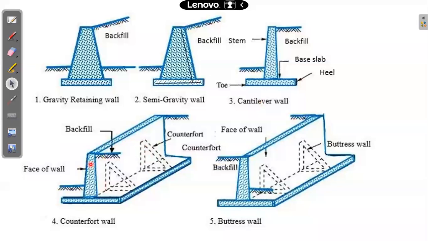In addition to these, there will be walls connecting this stem and the base slab. You can see these discontinuous lines shown here. They are called the counterforts, and they connect the stem with the base slab. In turn, they change the behavior of this entire retaining wall.